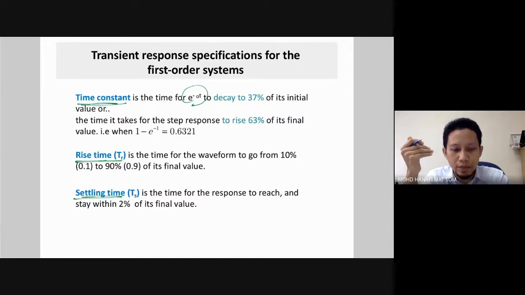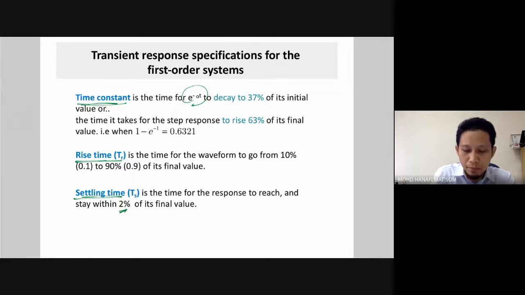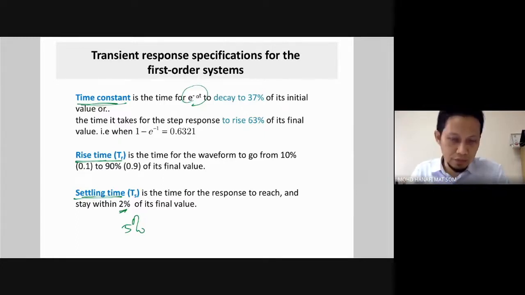And the settling time is the time for the response to reach and stay within 2% of its final value. Settling time is usually by default defined as 2%, but we can also define the settling time as 5%. So it depends on the questions. So whenever it's settling time, by default it's 2%, unless stated as 5%.